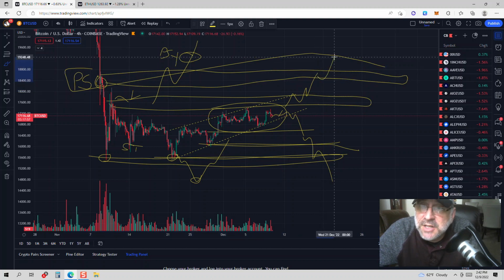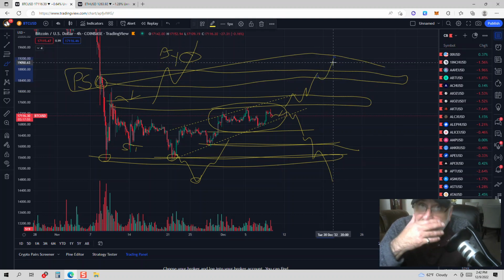If we basically bust through this, then the moon boys, the Bitcoin maxis and the moon boys, have cause to start jumping around and partying, because that would be a decisive victory for the bulls.